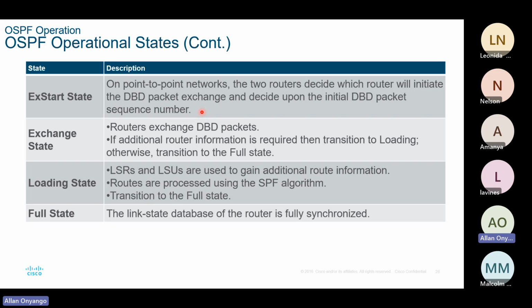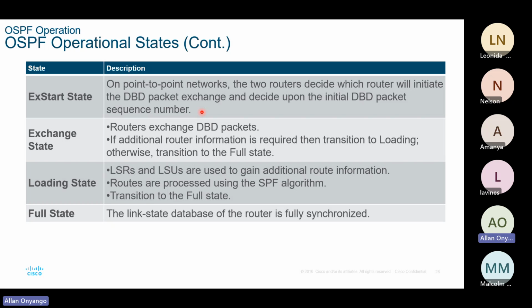Here now, the routers have decided which router will initiate, so they begin to exchange the database description packets. Now listen to this. If the router needs any additional information, like I told you, then and only then should the router move to the loading state. All right.